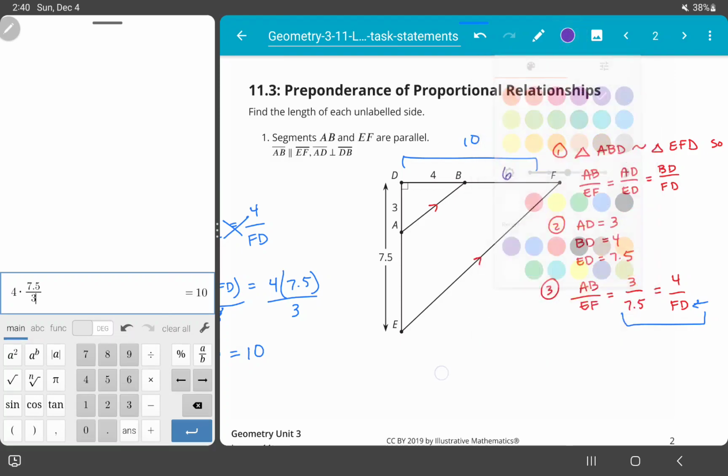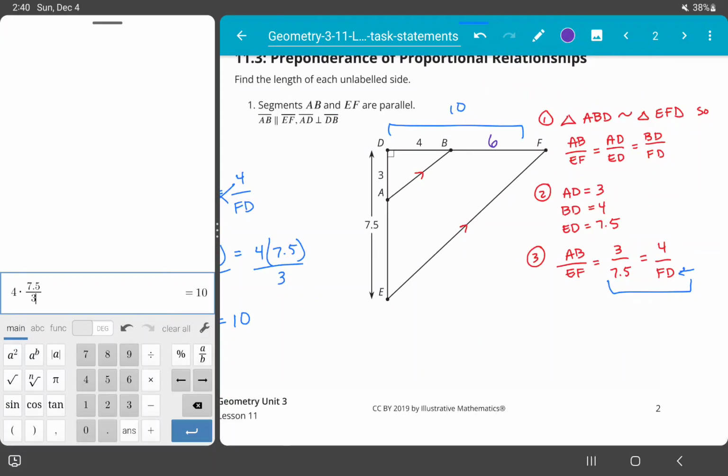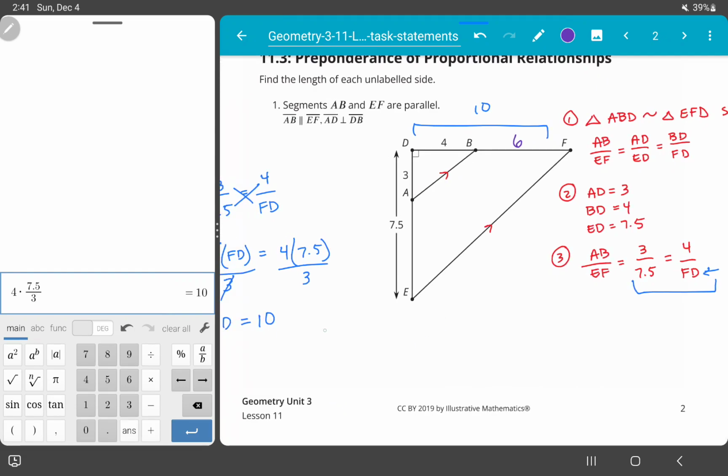Okay, and now we're looking just for the last one. In order to do this one, I actually don't know what AB is, and I don't know what EF is either. So I'm going to have to use some information from this triangle. The fact that this is a right triangle tells me that I can use Pythagorean theorem. So Pythagorean theorem is a squared plus b squared equals c squared.